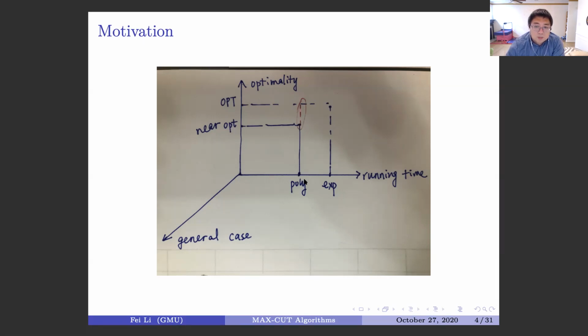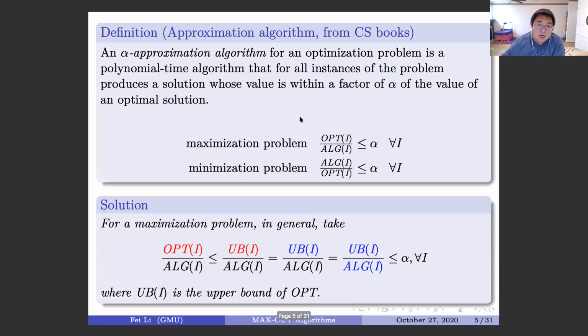And approximation algorithms, like exponential algorithms for such kinds of problems, are dealing with the general case, meaning they consider the worst case performance of the algorithm. The only issue is whether we can design some polynomial time algorithm so that the performance is near the optimal one. In order to define the gap, here is the concept called the approximation ratio.